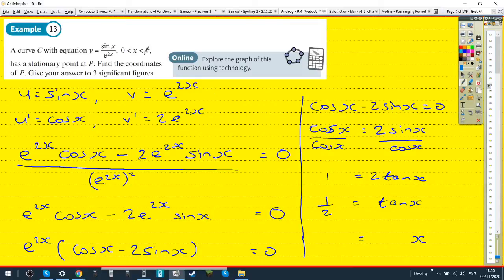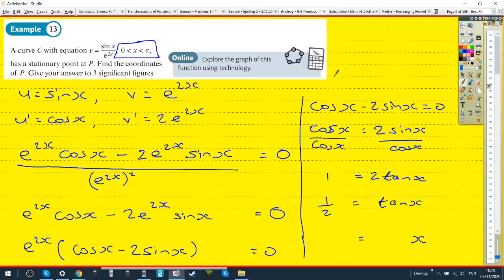And they've given us some sort of range for the x value, yeah. So does that mean I need to do it in radians? Yeah, because it's pi. I put tan.